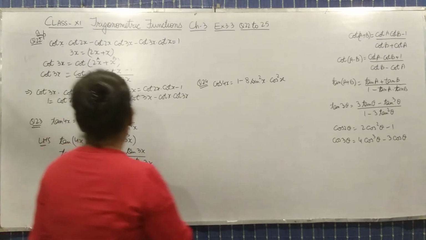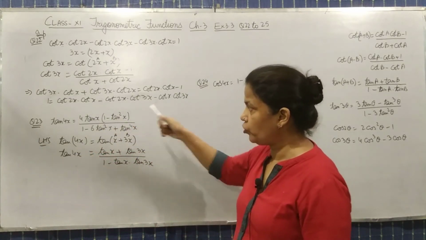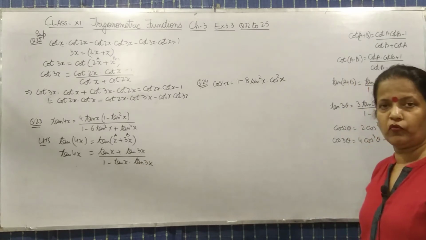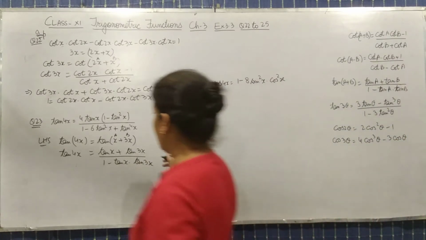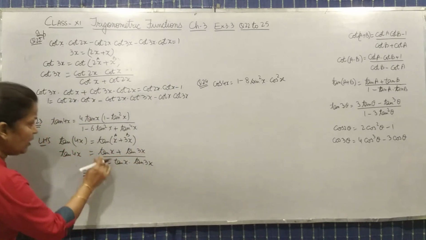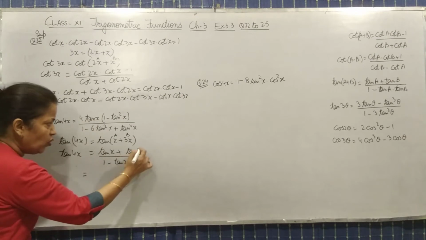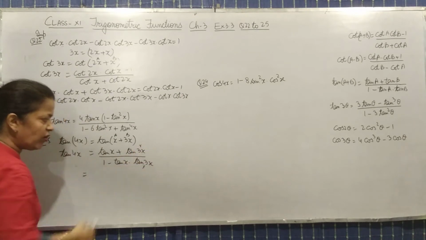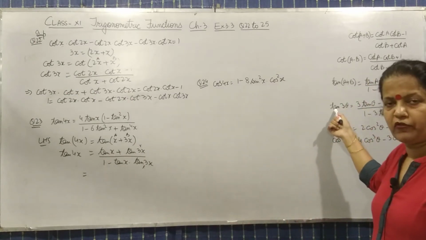Now, you need this. What will you do further? Tell me. Tan x is already there, but we don't want tan 3x. So we will put the value of tan 3x.